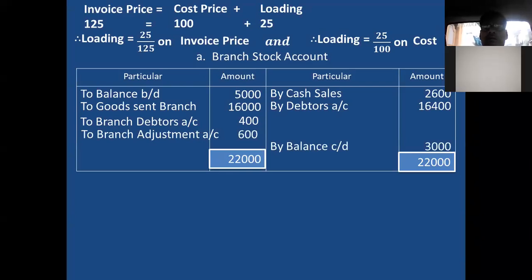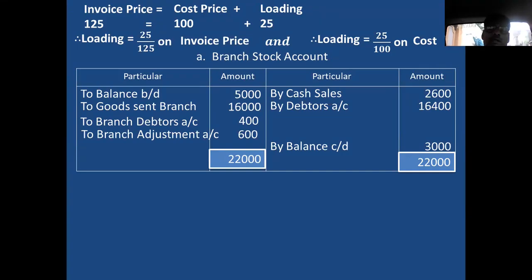First write the closing balance 3,000 and take the total. Total is 22,000 on the credit side, and a difference of 600 comes on the debit side. That 600 you write as to branch adjustment. So this is a surplus.